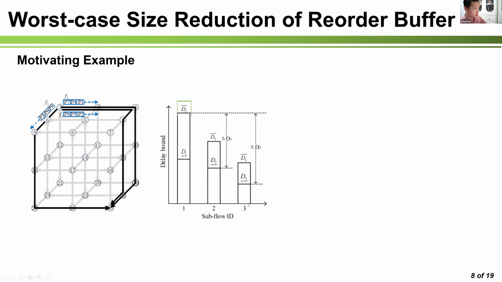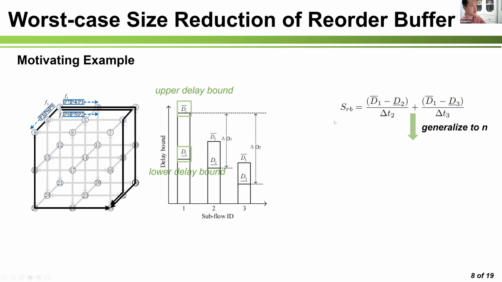Based on this assumption, we can calculate the worst case reorder buffer size using the equation on the right-hand side. Because we only took an example of 3 subflows, we need to generalize to n subflows, any number of subflows.